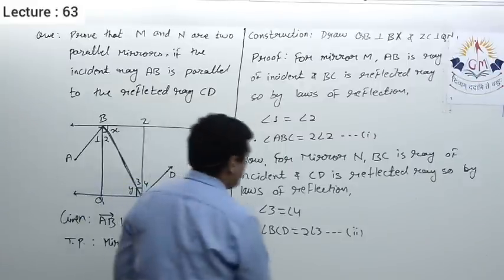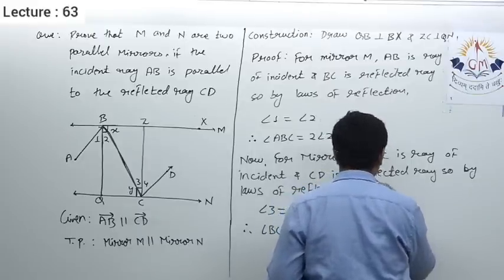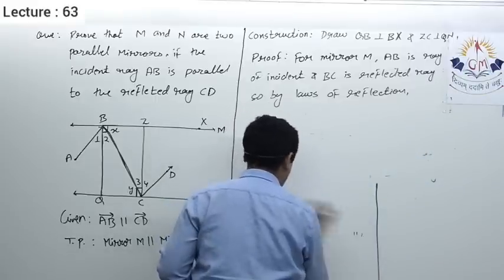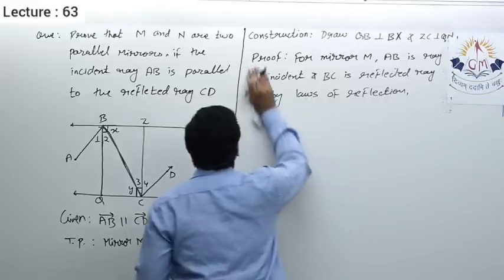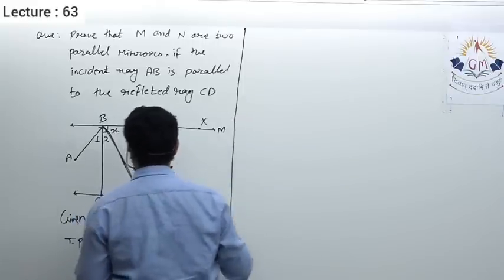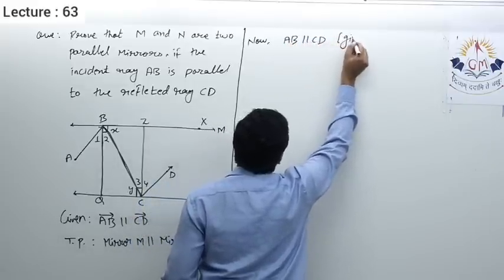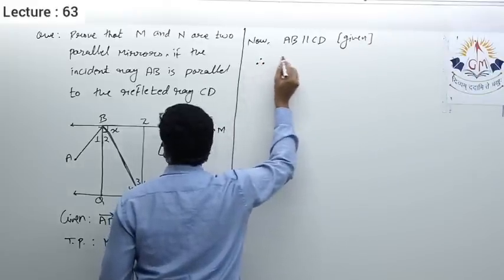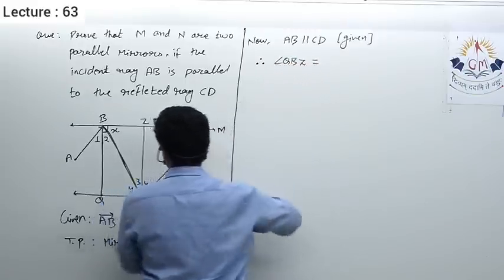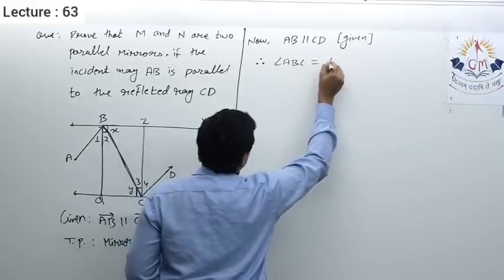So further, I'm writing over here: from AB parallel to CD, that is given, therefore I can say angle ABC is equal to BCD.